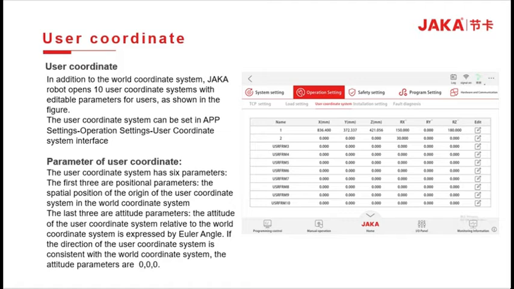The first 3 parameters are for the position and the other 3 parameters are for the angles. The angles are expressed in Euler angles relative to the world coordinate system. If the user coordinate system's direction is consistent with the world coordinate system, then the attitude is 3 zeros.